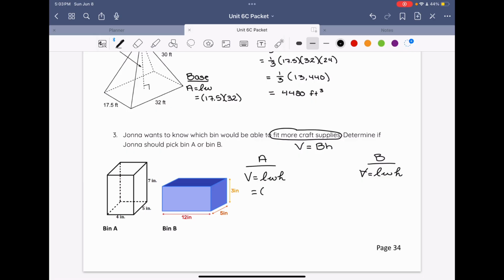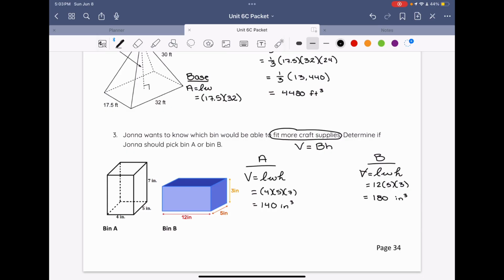So I'm going to have 4 times 5 times the height of my shape, 7. I can multiply that all together, 140 inches cubed. And my bin B, length times width, 12 times 5 times 3. That one's going to give you 180 inches cubed.